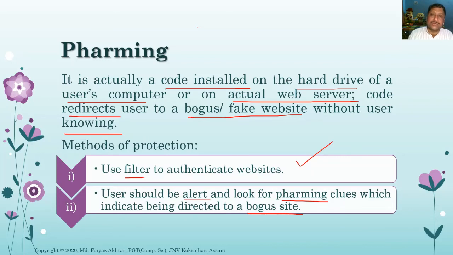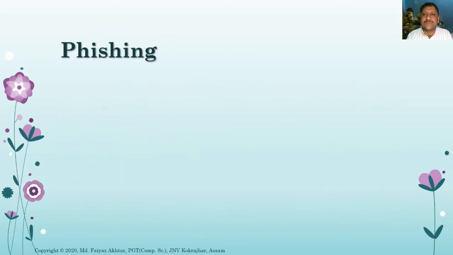And one more thing I want to add here, you must check the website address name letter by letter, whether it is in correct order and the spelling is correct. So you will not become a victim of pharming. So keep these things in mind. Next, phishing.